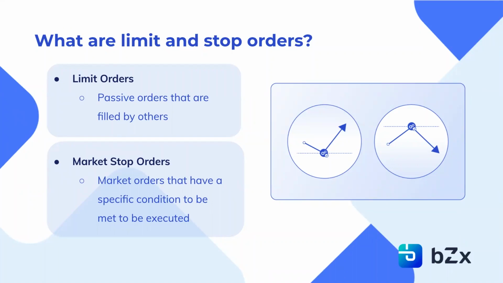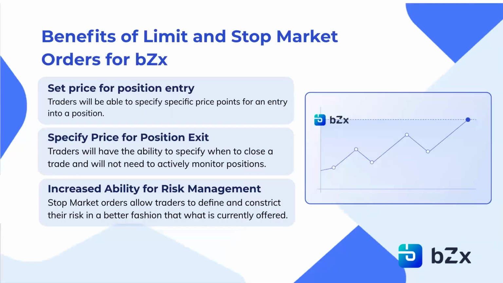The most common condition is that price has to cross a certain point. If these conditions are met, the market order will be executed. The benefits of these order types cannot be overstated. The ability to manage risk through market stop orders is a lacking piece within the current Fulcrum trading experience, which is bZx's margin trading platform.